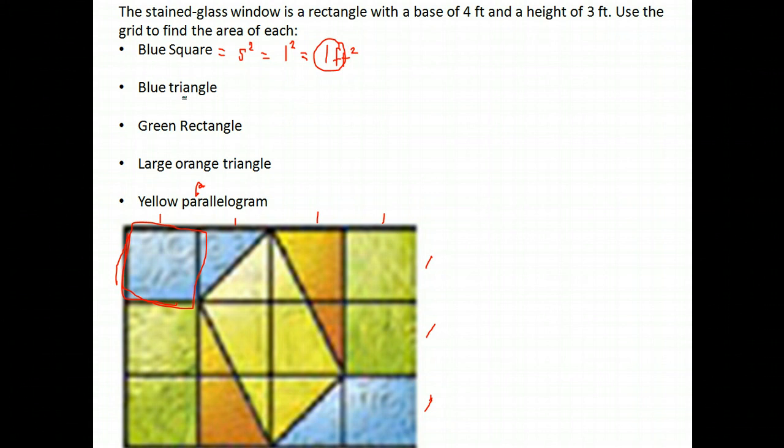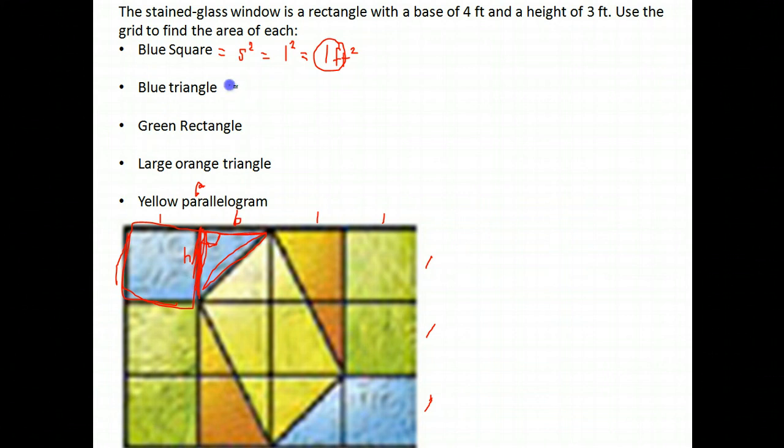Okay, next we're asked to find the area of the blue triangle. Here is one of those blue triangles. So this could be our base and this could be our height for that triangle. Notice they do make a right angle, so they will work.